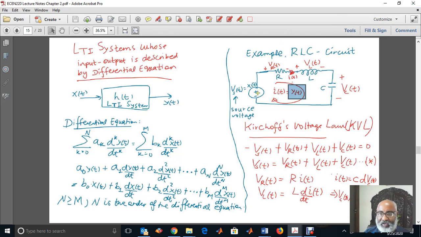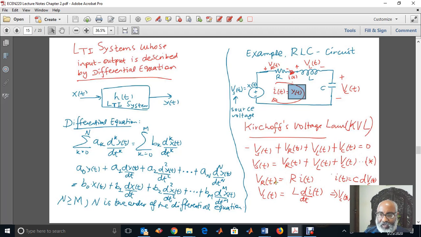By using sign convention, for example, from minus to plus is negative, from plus to minus is positive. So this means minus Vs of t plus Vr of t, the voltage across the resistor, plus Vl of t, the voltage across the inductor, plus Vc of t, the voltage across the capacitor, is equal to 0. Or Vs of t is equal to Vr of t plus Vl of t plus Vc of t.